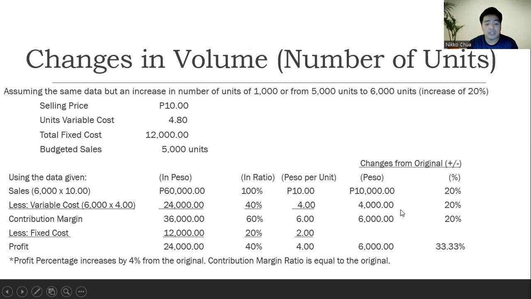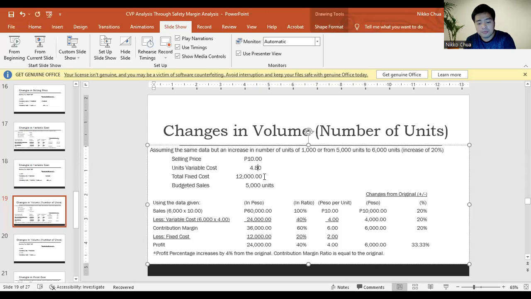So sa change in volume naman, kapag nag-increase tayo ng number in units. So assuming that we have an increase of 1,000 in the unit. So from 5,000 we will have 6,000. That is increase in 20%. So selling price, ganun pa rin. Ang variable cost, that is, wait lang.